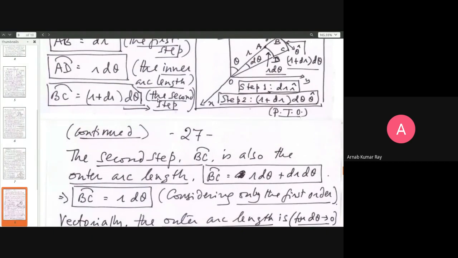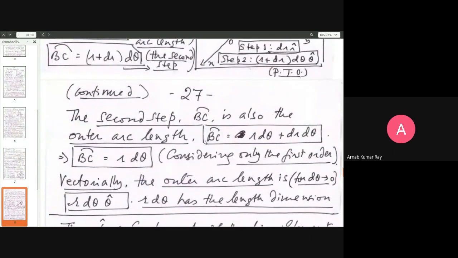Therefore, you can neglect that. Or you can also just look at this formula and say, I'm neglecting the smallness of dr against the large value of r. Therefore, considering only the first order, meaning 1d, second order meaning 2d's.